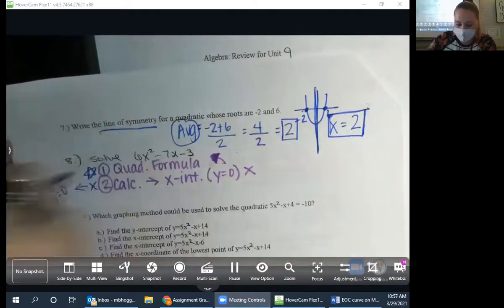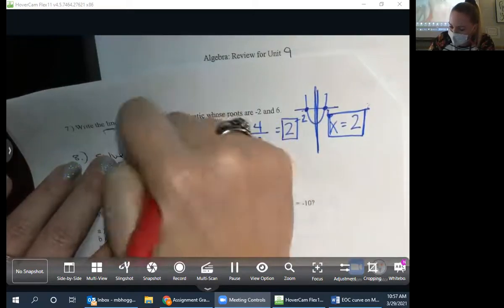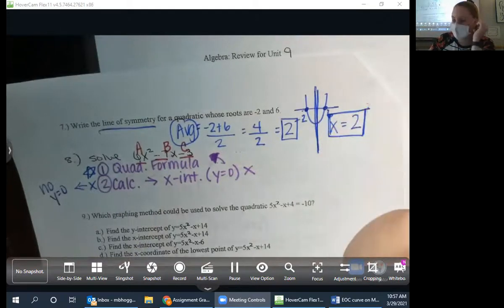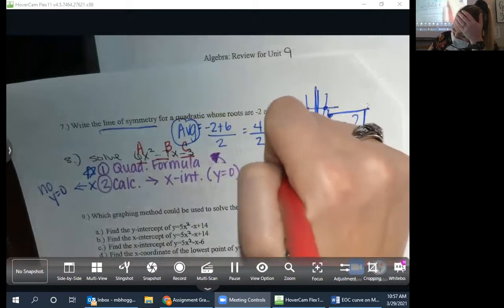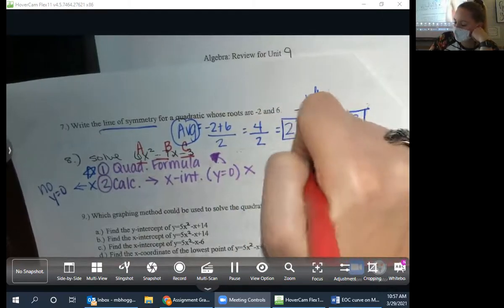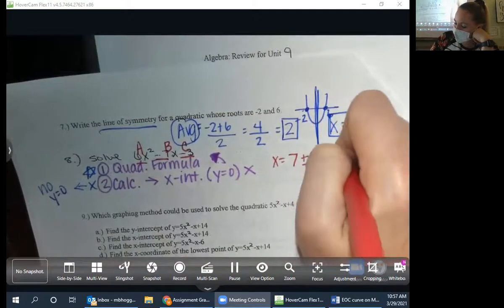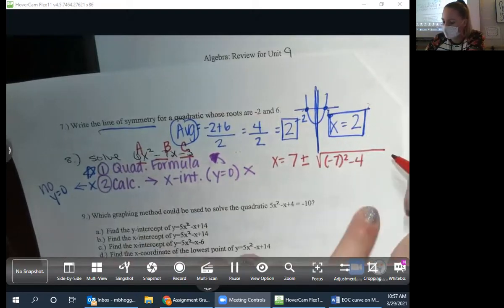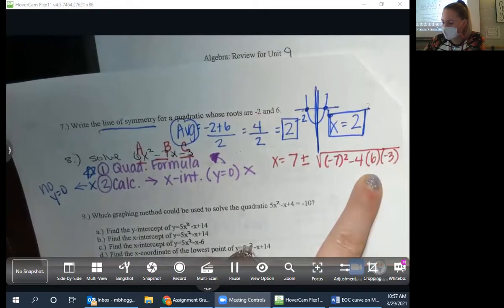The quadratic formula, this 6 would be my A, -7 would be my B, and -3 would be my C. I'll give you this formula tomorrow, but today I'm just going to tell it to you. X equals -b, so it's going to be a positive 7, plus or minus the square root of b squared, -7 squared, minus 4 times a, which is 6, times c, which is -3.